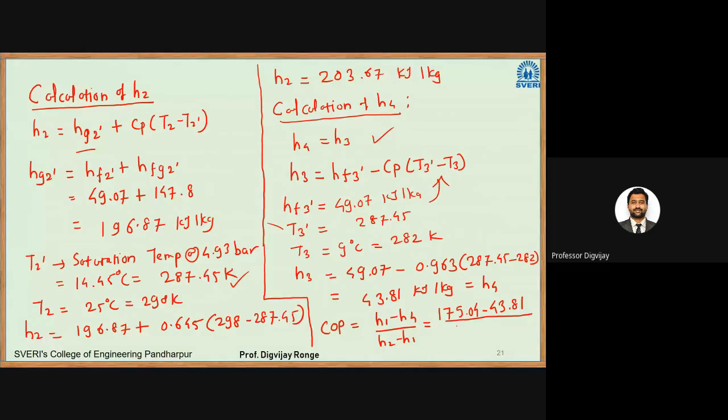H2, how much we have calculated? Here I have calculated H2 as 203.67 minus H1. So that is 175.04. If you're not able to see this on your screen, I will go to the next slide.